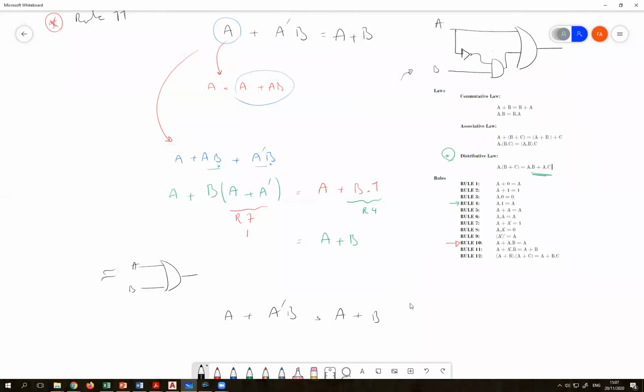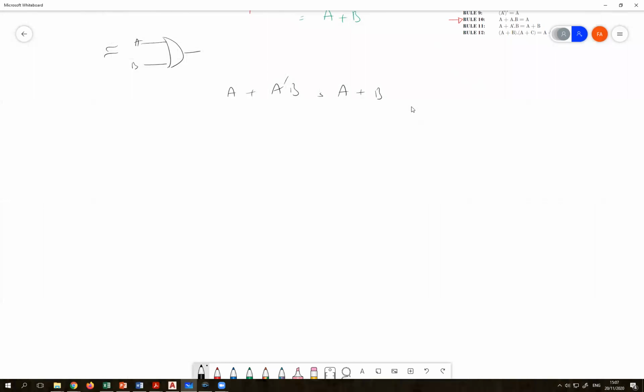If I look at that as an input, for example with A as triangle and circle as B, in this structure I have triangle or triangle not circle is equal to triangle or circle. It means that A or A not B equals A or B. But let's say that triangle is A not.